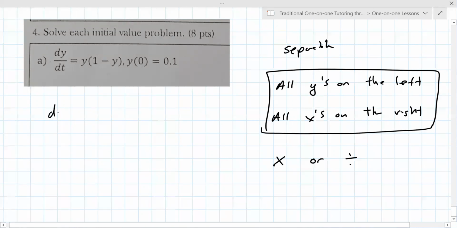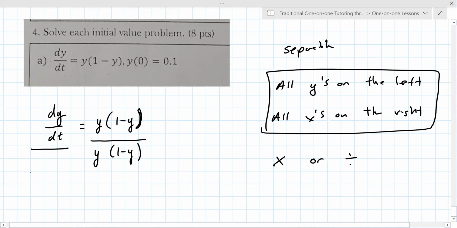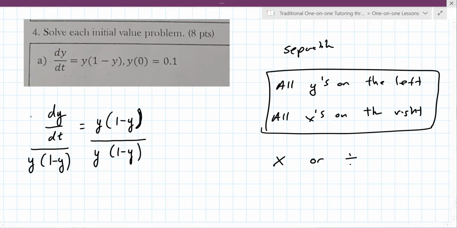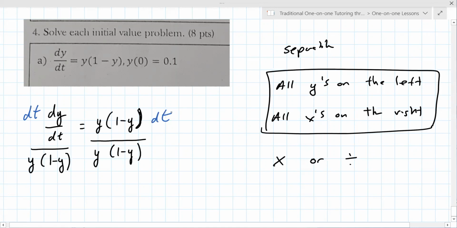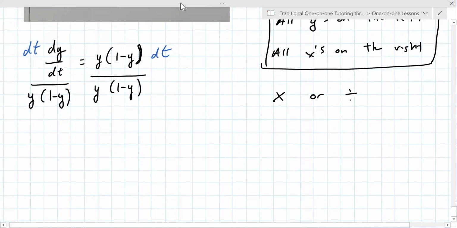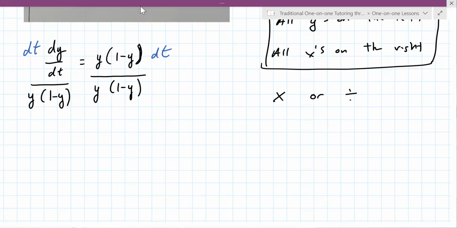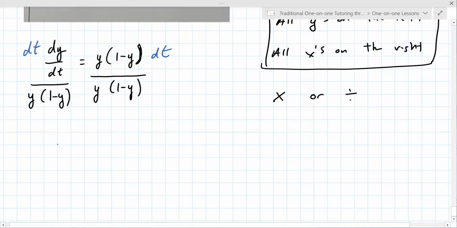In this case, you're going to divide both sides by y over 1 minus y. And at the same time multiply both sides by dt. So on the left, you get dy over y times 1 minus y equals 1 dt.